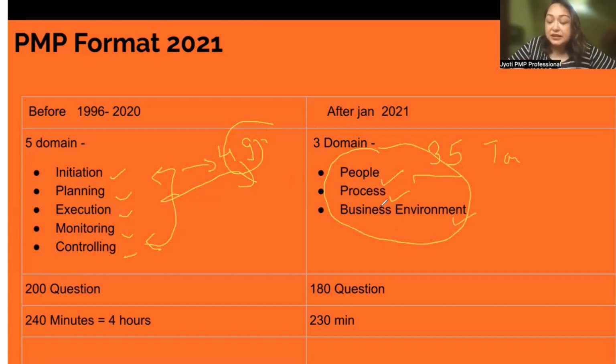While you're studying, I suggest that you go through PMBOK or Rita. You should understand the basic framework, because that will help you understand these 3 domains as well. They are more or less connected. But yes, the way the ECO will work is entirely different.